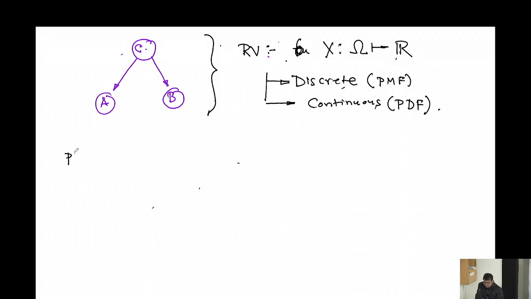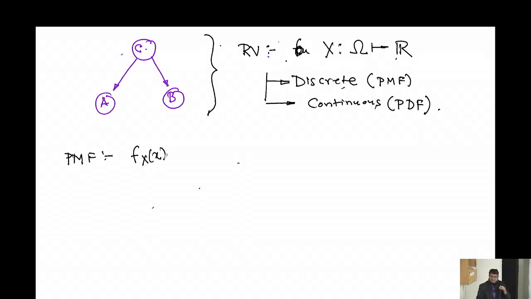So if I go to probability mass function, f_X(x), this is how you denote it. f_X(x) means it's a mass or density function of variable capital X, which is at the subscript, and small x inside the bracket is the value it is taking.